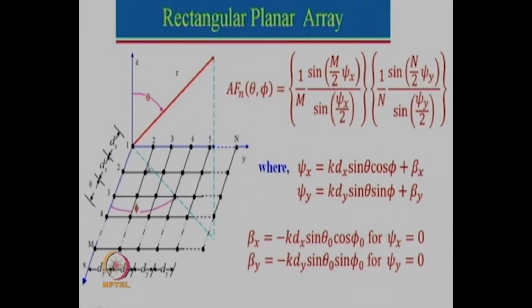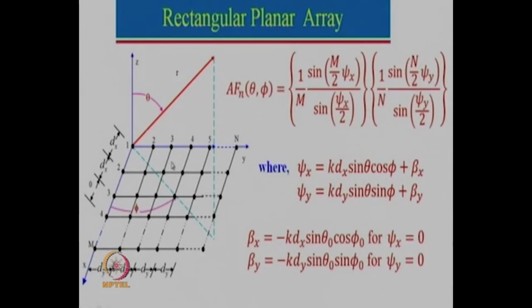Now let us just look at this point here, what will be the phase at this particular point. So this will be beta x coming from here and beta y coming from there. So that will be beta x plus beta y. If you move along this axis here, this point has travelled beta x and this is 2 beta y. So that will be the phase difference of this particular element.